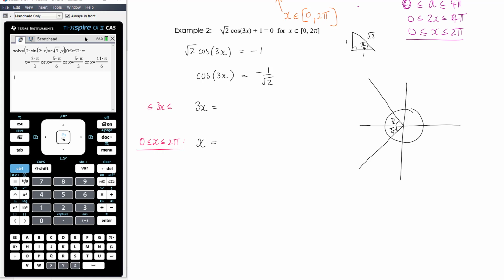So if x has to be between 0 and 2 pi, what does 3x have to be between? 0 times 3 and 2 pi times 3. So at this line, out of the unit circle, we need our solutions to be between 0 and 6 pi, so that when we divide them all by 3 in that last step, they will be between 0 and 2 pi. Okay. Alright, so 0 to 6 pi is 3 laps of the circle.